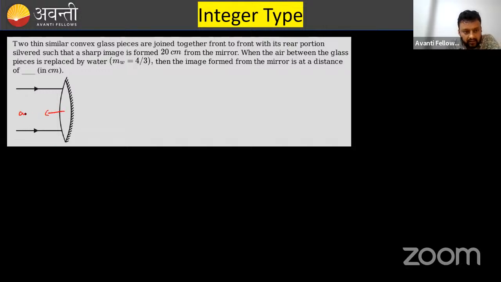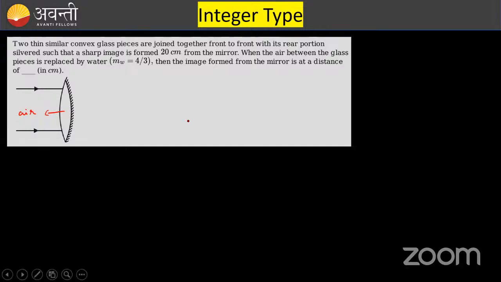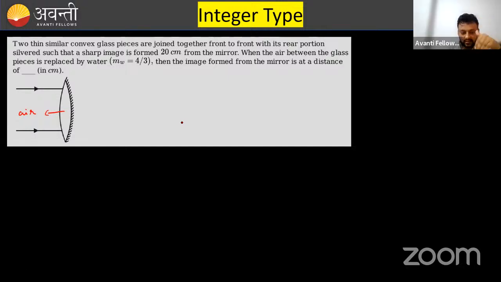Initially, there is air. If I say there is air, then what will happen to these rays when they enter this kind of structure? They will suffer any deviation only after striking this silvered surface. Yes or no? If air is between them, then these rays will suffer deviation only after striking the silvered part.